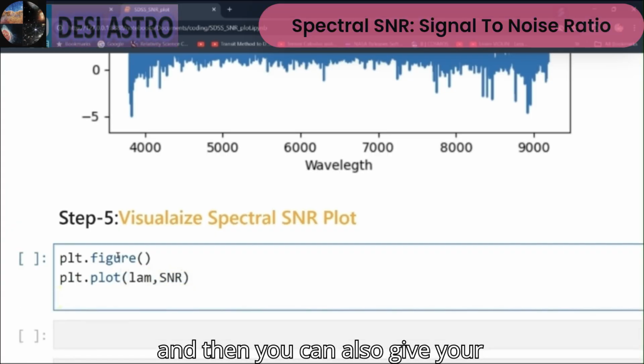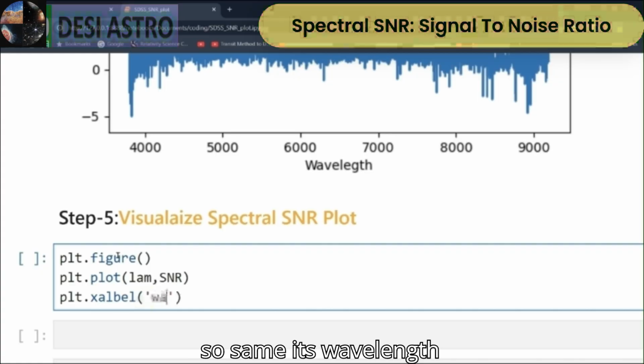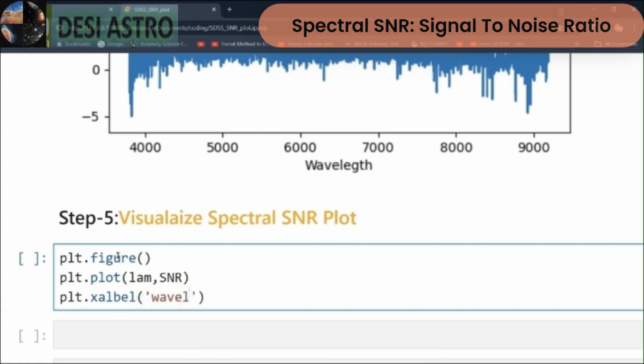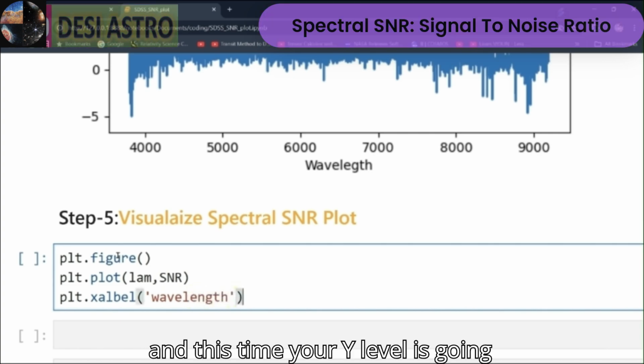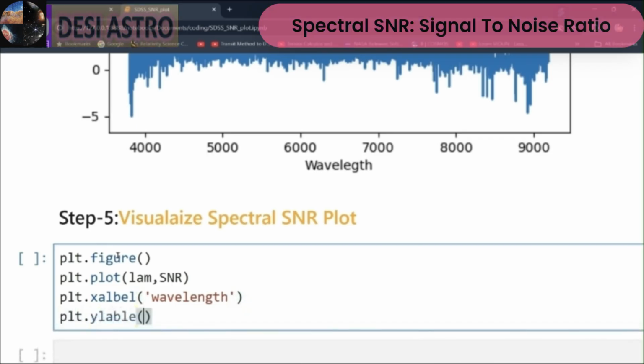And then you can also give your xlabel, same, wavelength, and this time your ylabel is going to be signal to noise ratio, right?